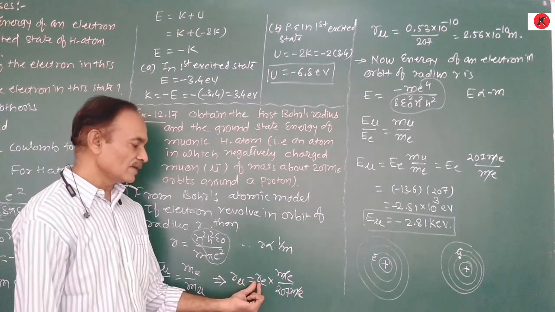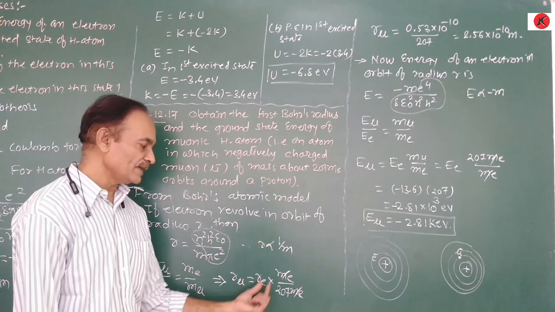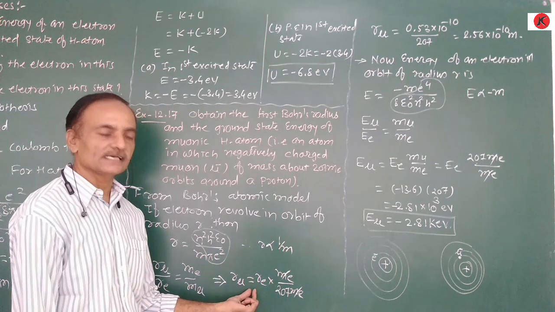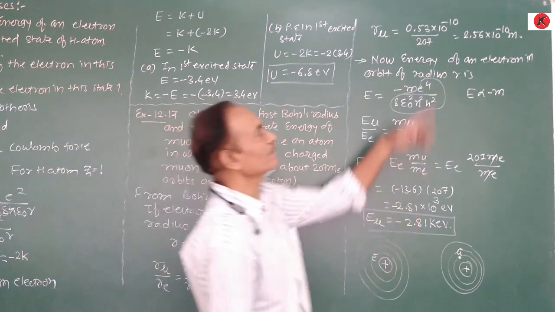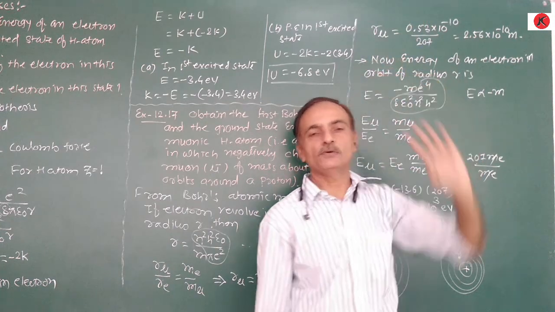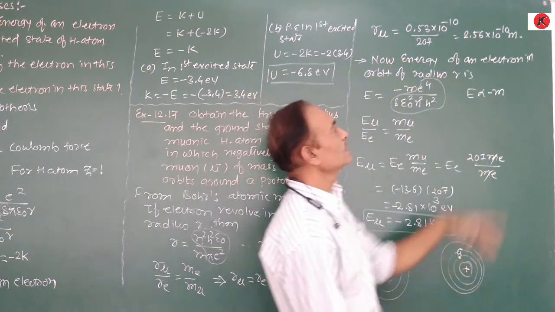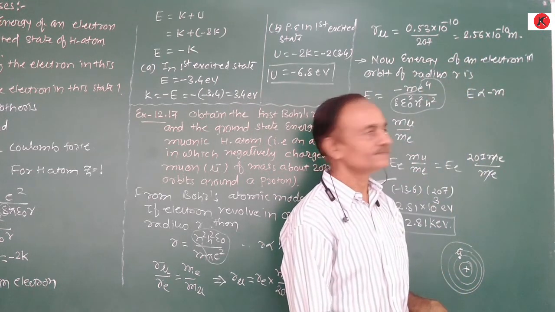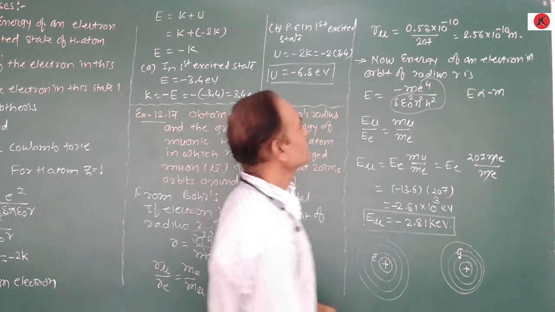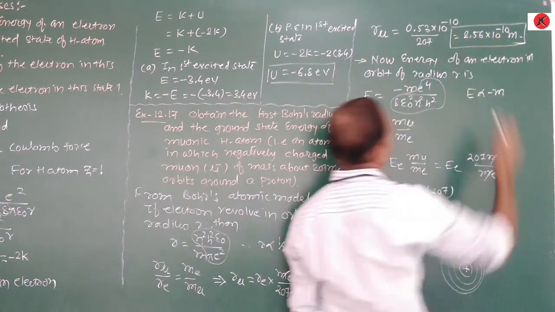Therefore, R mu is equal to Re into Me upon 207 Me, and Me cancels. Re is our first Bohr radius, R0. We know the value is 0.53 into 10 to the minus 10 upon 207, therefore 2.56 into 10 to the minus 13 meter. That is the first Bohr radius of the muonic atom.